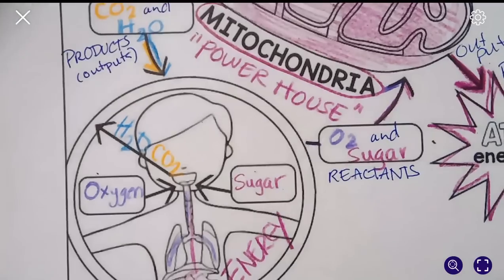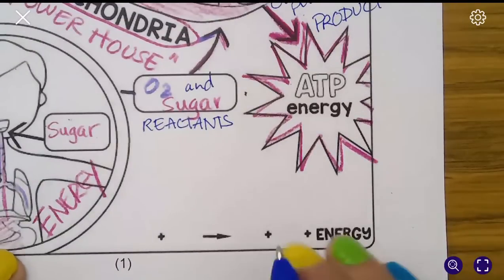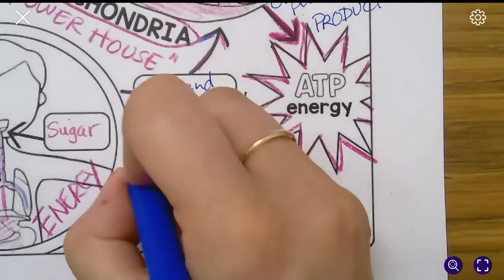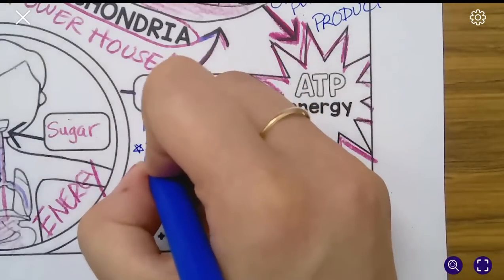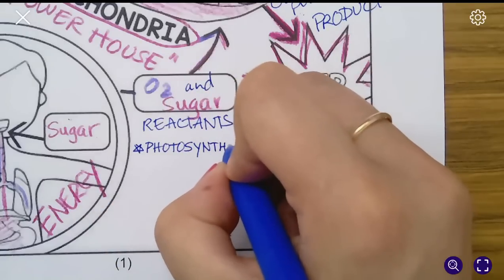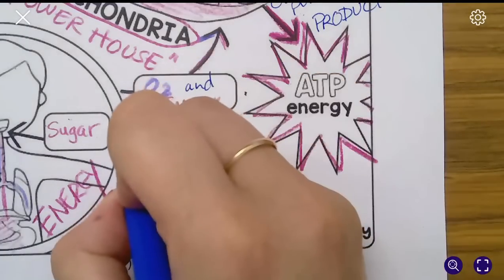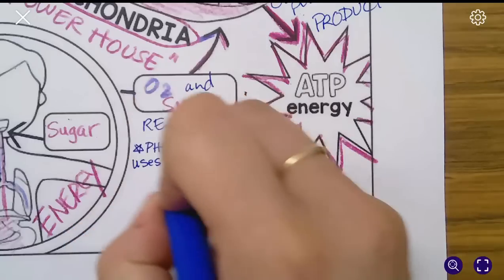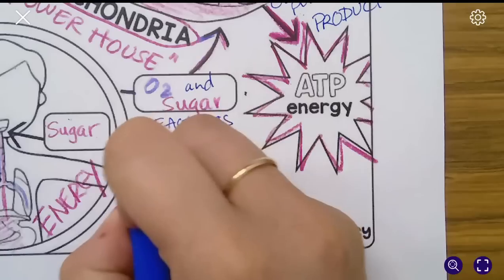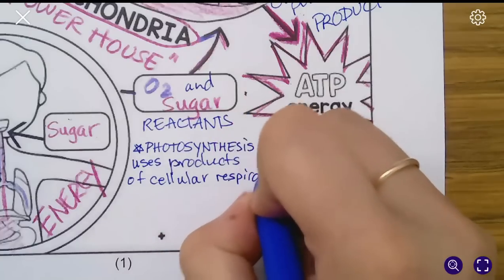So, important things to remember. We want to remember that photosynthesis uses products of cellular respiration.